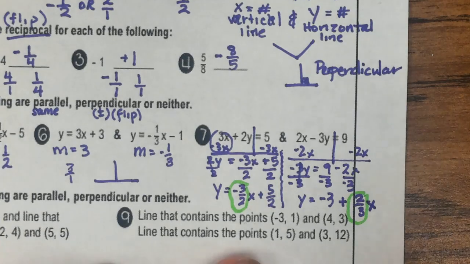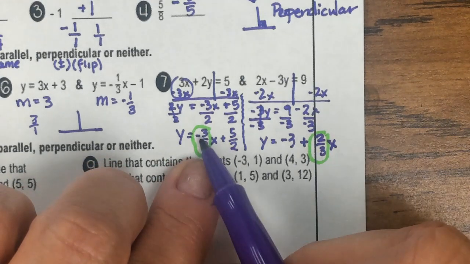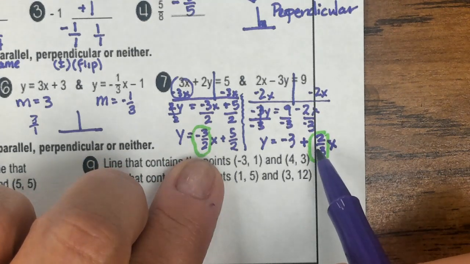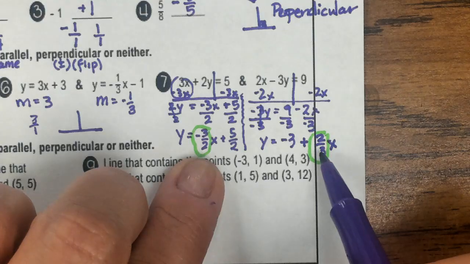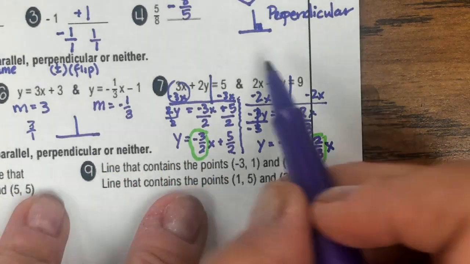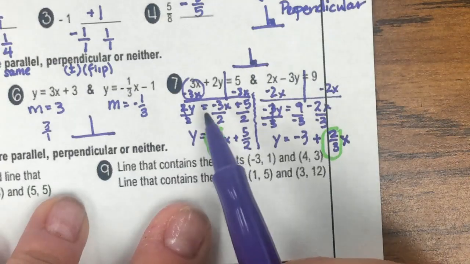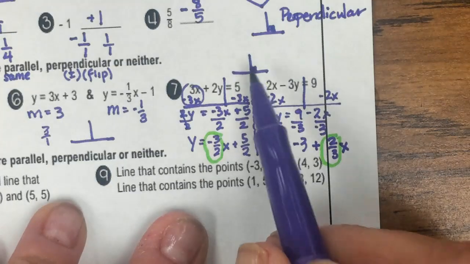But let's check if they're perpendicular. Perpendicular says that they have to be opposite signs. Yes, that's negative. That's positive. Then the second thing you have to make sure is that they're flipped. Are they flipped? Yes. So we would call this perpendicular. So number 7, these two equations would be perpendicular.